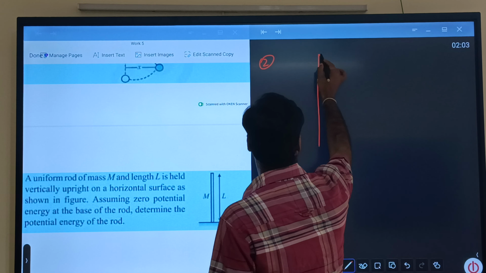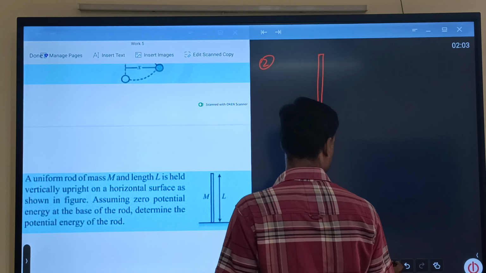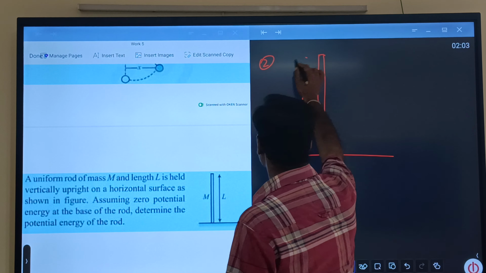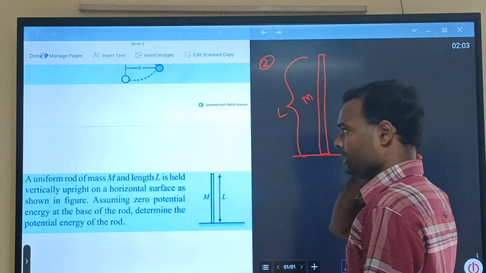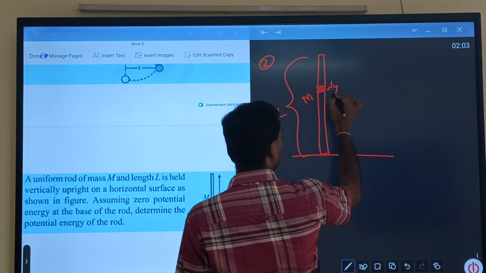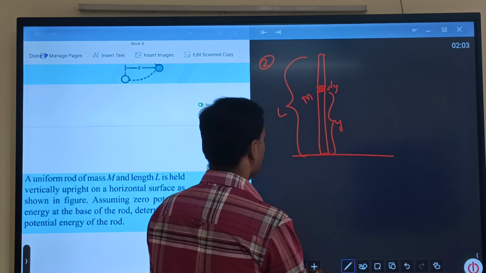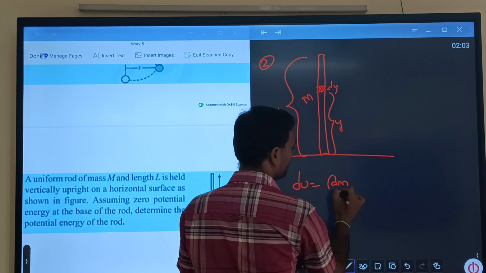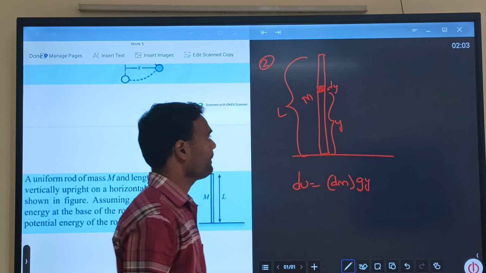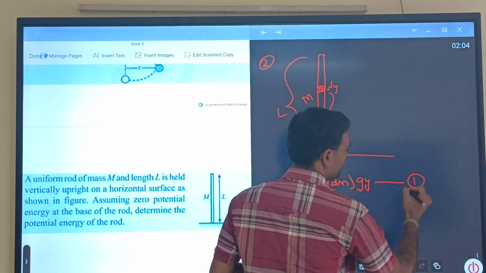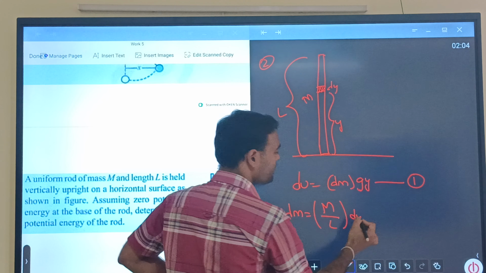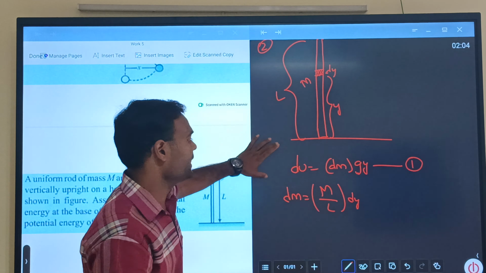See here, this is the rod, and for this rod, mass is m, total length is L. Now, let us assume at this particular height dy, which is at a height y, then dU is equal to dm times g times y, and dm, let us call it equation number 1, is equal to total mass by total length into the length of the considered portion, using the linear mass density concept.